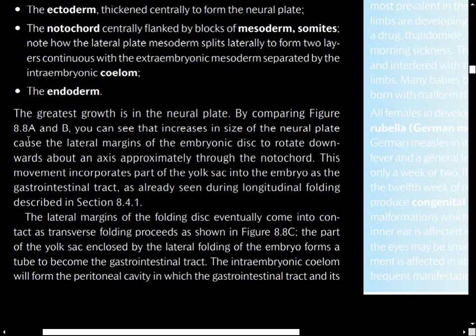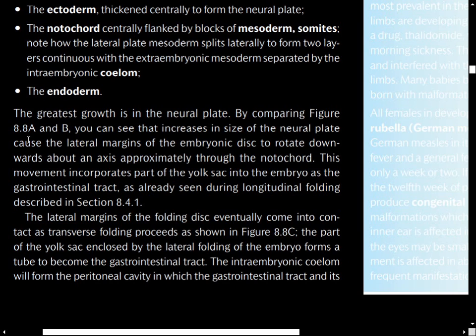This movement incorporates part of the yolk sac into the embryo as the gastrointestinal tract, as already seen during the longitudinal folding. The lateral margins of the folding disc eventually come into contact as transverse folding proceeds.